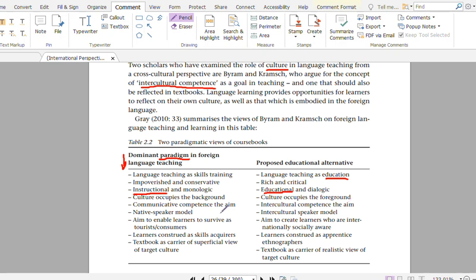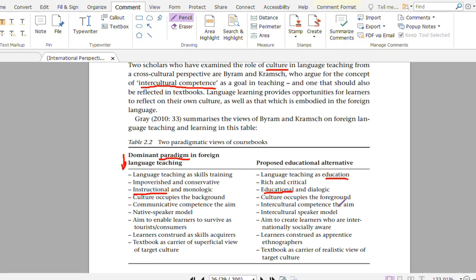Here, communicative competence is the aim. For example, we have communicative language teaching method in Iranian L2 education or textbooks. It is believed that it is useful to develop a student's communicative competence. But what is important is developing intercultural competence.